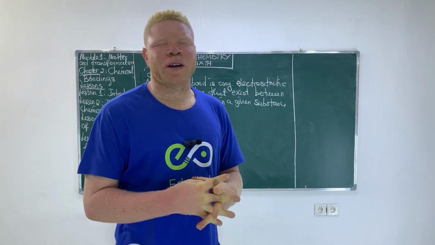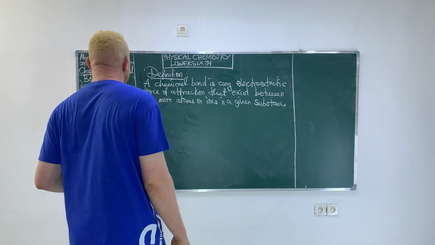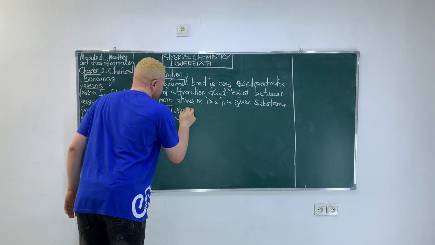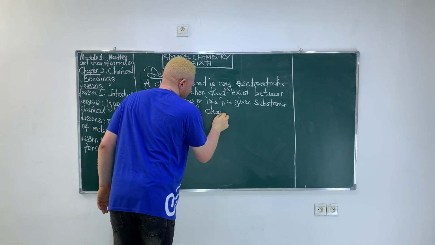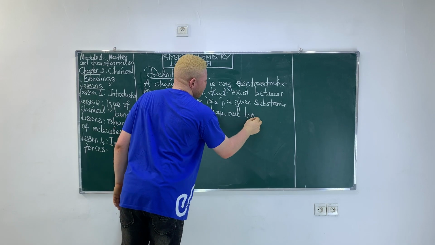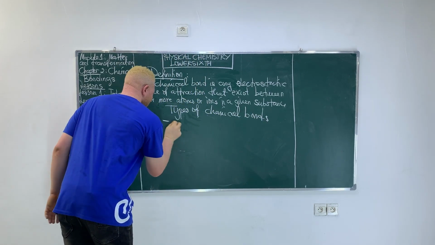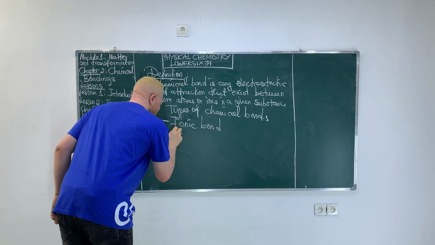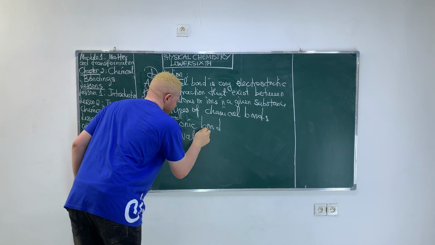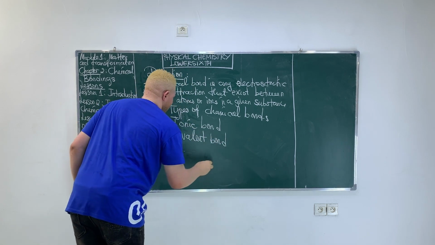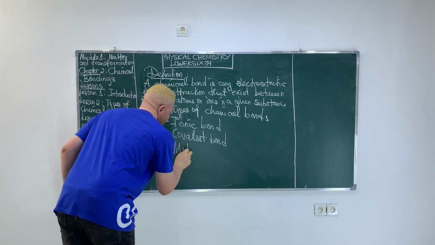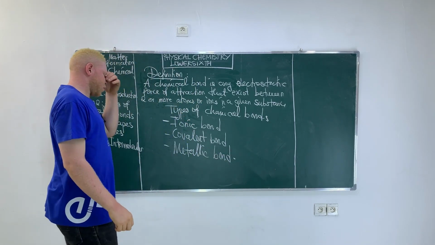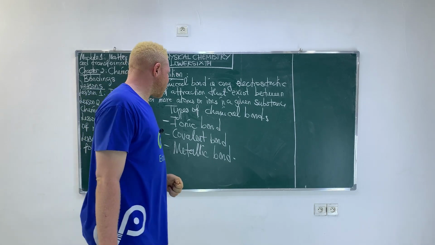So there are three main types of chemical bonds.